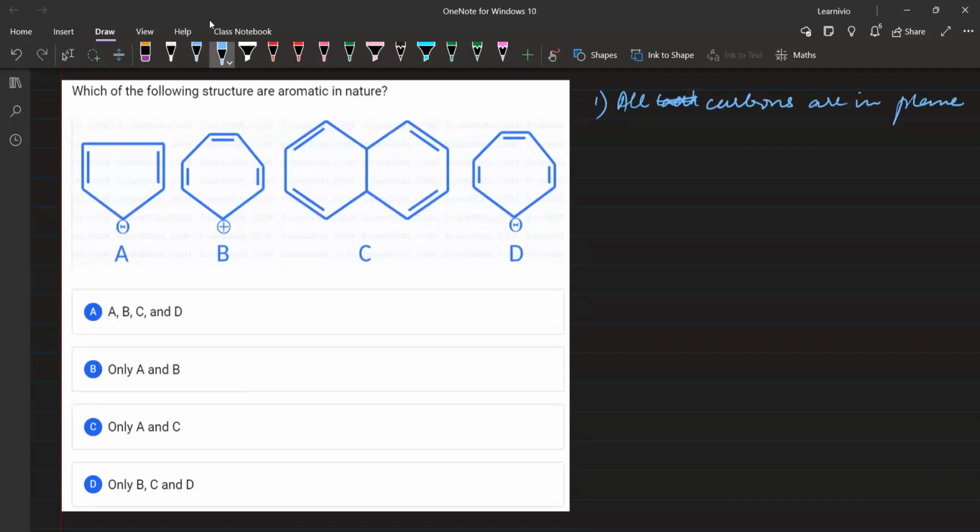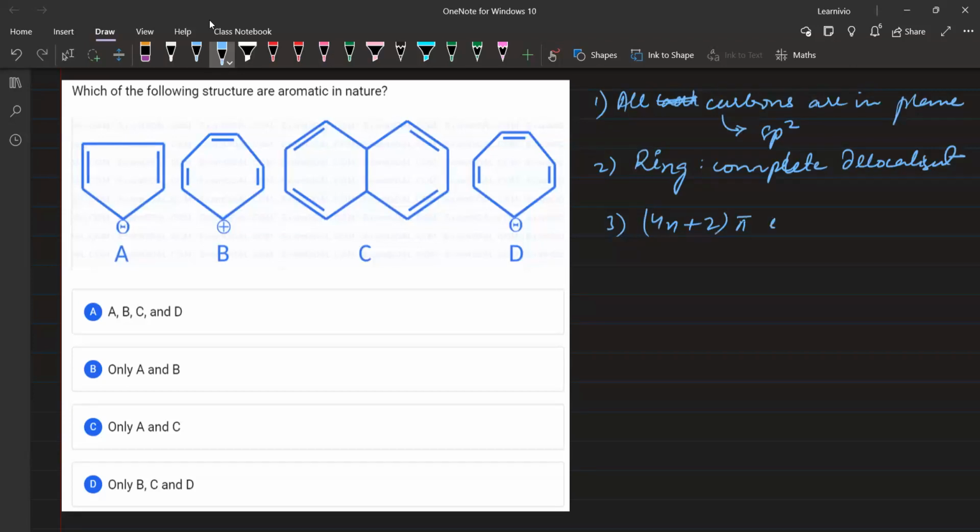When all carbons are in plane, that means all carbons should have sp2 hybridization. Second, there should be a ring with complete delocalization. When you have sp2 and a ring, then it will obviously be complete delocalization. And third is 4n plus 2 pi electrons.